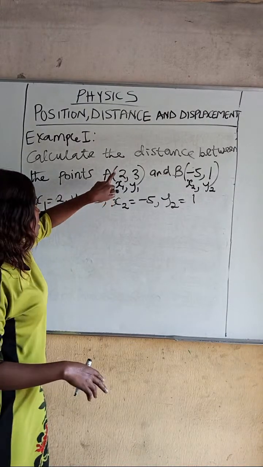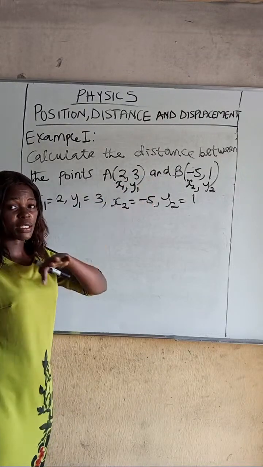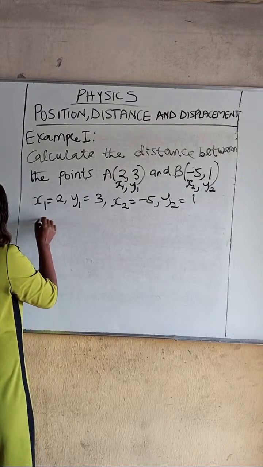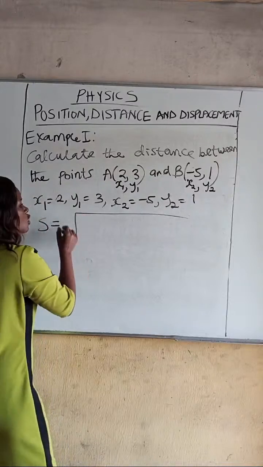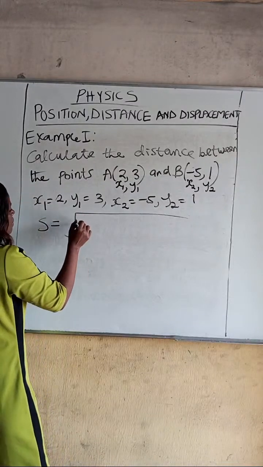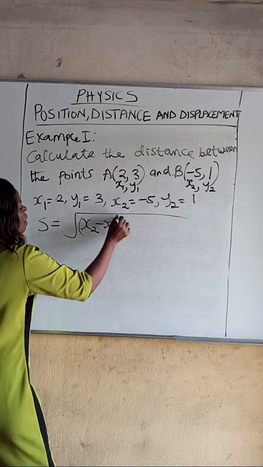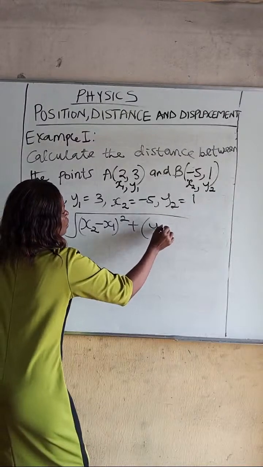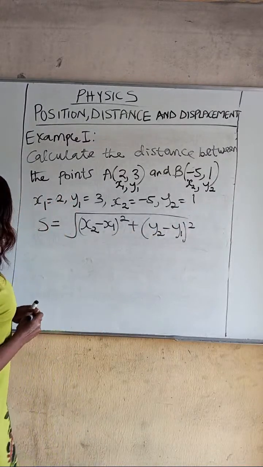So we have x1, y1, and the other one, z1, if it's in space. So the formula I'm going to use for this: x is equal to the root of (x2 minus x1) all squared plus (y2 minus y1) all squared, right?